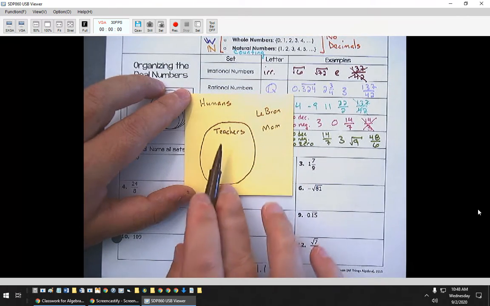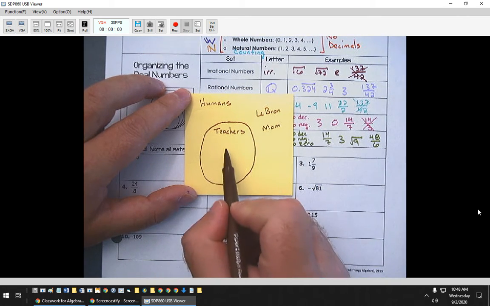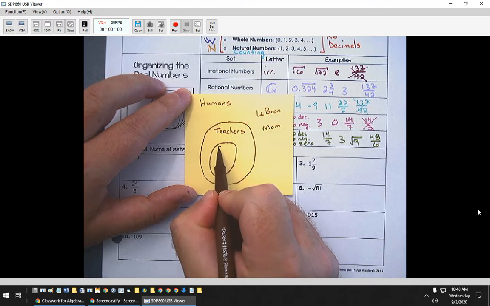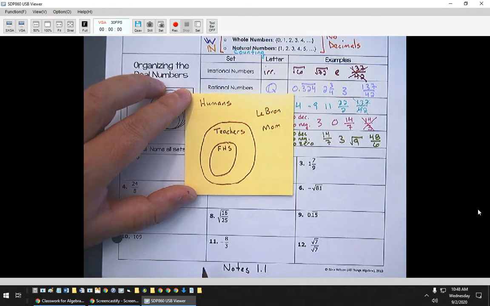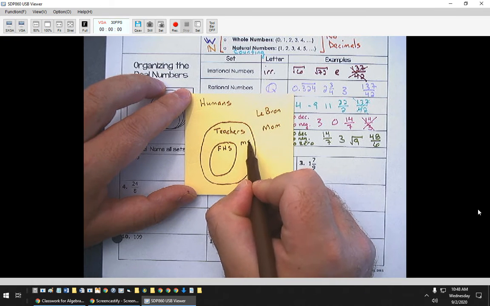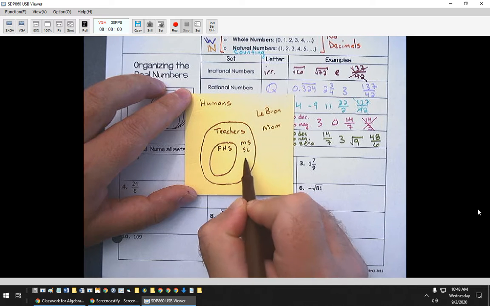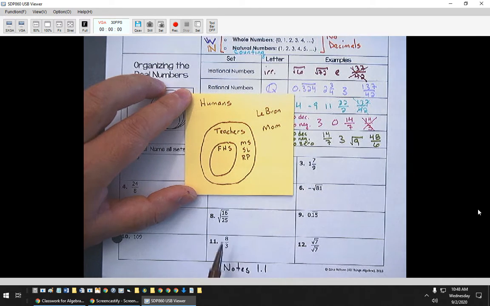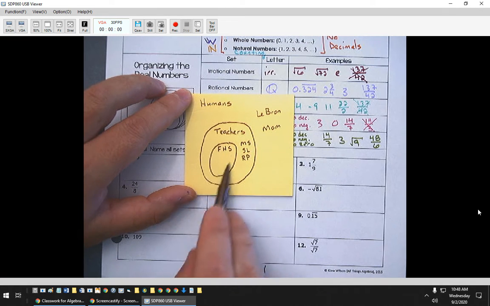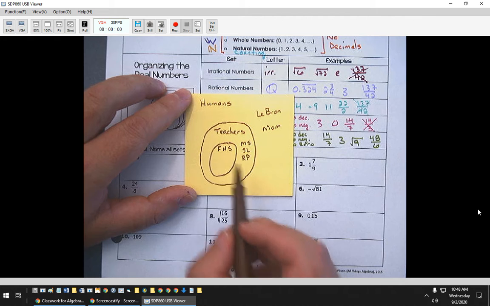All right, now let's focus on within this group of teachers, there's another group. In this group, these are FHS teachers. So who would be over here? Some teacher at Mona Shores, some teacher from Spring Lake, some teacher from Reese Buffer. These are still all teachers, but within that group, there are the FHS teachers.